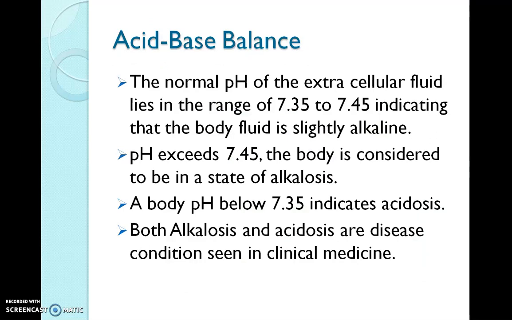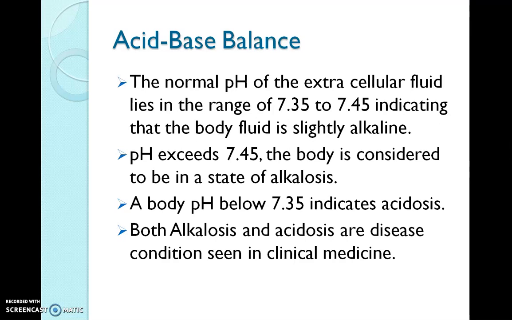The normal pH of the extracellular fluid lies in the range of 7.35 to 7.45, which indicates that the body fluid is slightly alkaline. Alkaline means the base level is somewhat high in the blood.